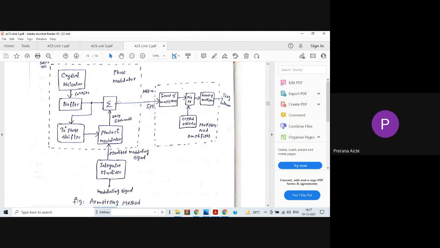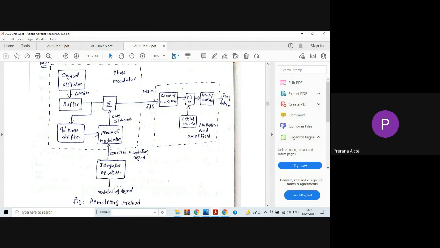So through this path and this path, then the modulating signal is passed through the integrator circuit in order to increase the low modulating frequencies. So what we are doing, first with the help of the crystal oscillator, we generate the carrier frequency.